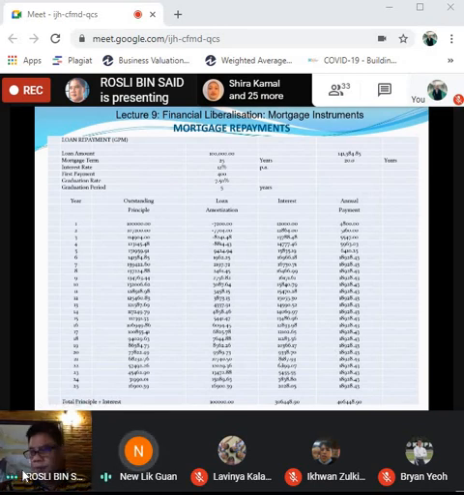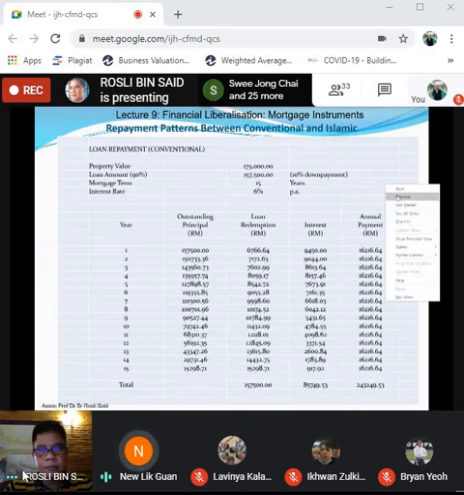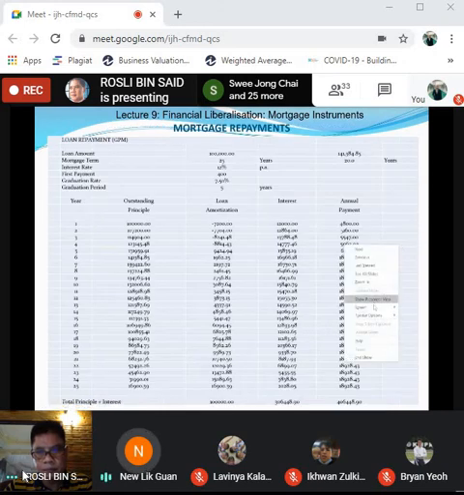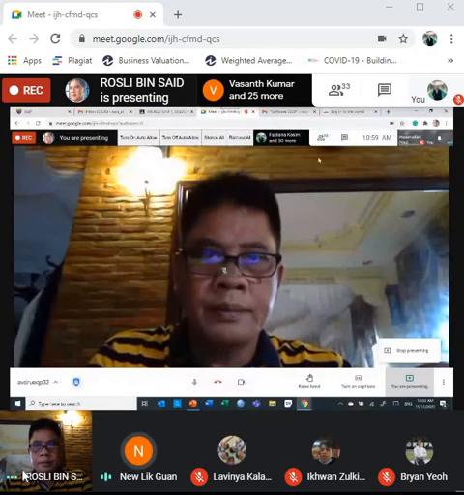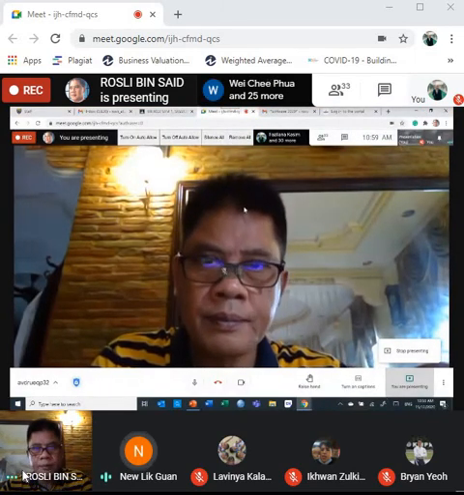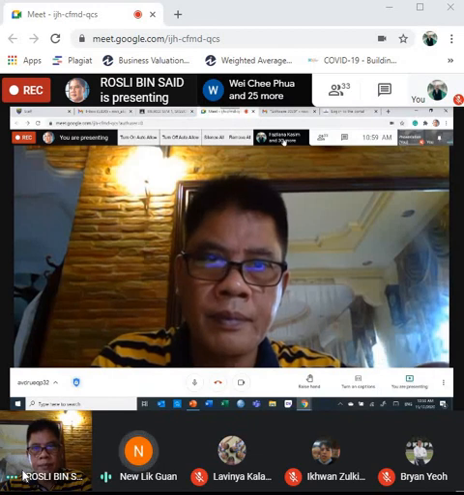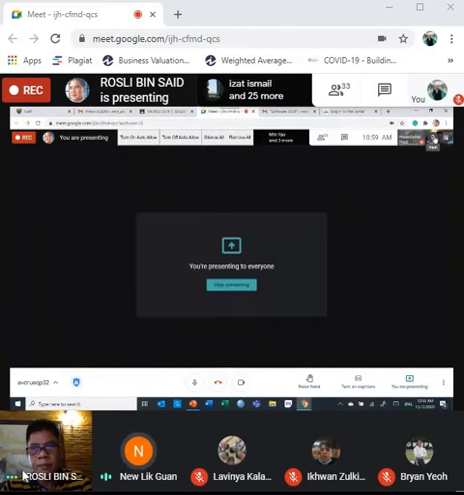I have a question, but it's not regarding the gradual payment mortgage. Like you said just now, most of the mortgage products in Malaysia use the concept of the constant payment mortgage, right? CPM. Yes. But in housing finance, the rate actually varies according to the interest rate. The bank may change it from time to time.